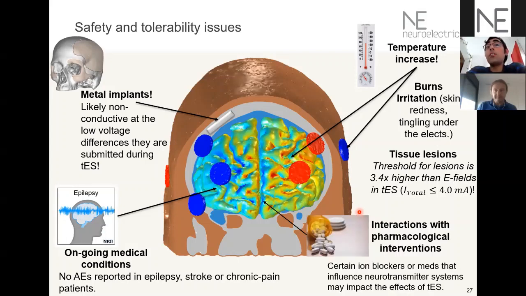If you're applying this technique to patients that are under some sort of drug medication, it's important to control that. It's important that they do a full disclosure of the drugs that they are using, because some drugs can have an impact on the effect of tES.